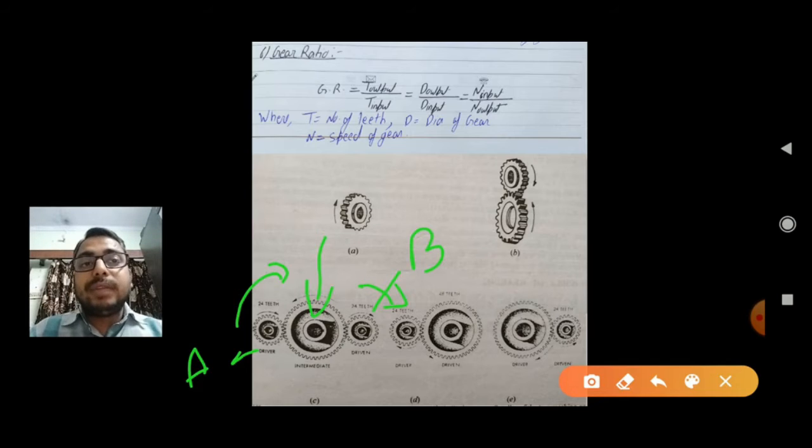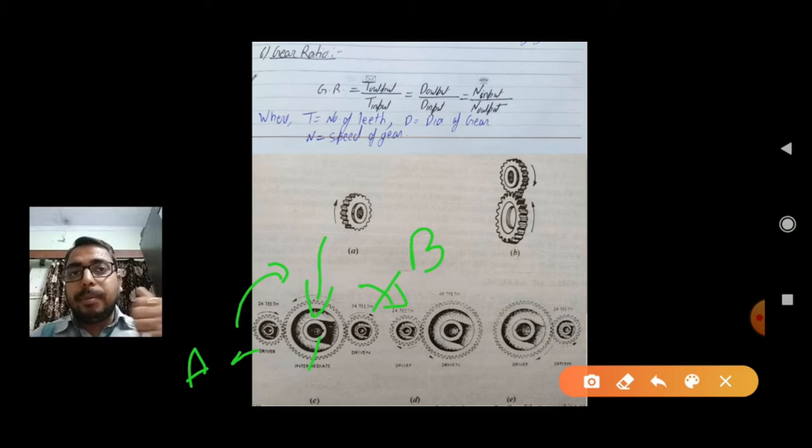With the help of that, if the clockwise power is transmitted, gear B is also rotating in the clockwise direction. In this case, the intermediate gear between these two gears is known as the idling gear, or you can say idler. I will talk about this idler in our gearbox system.